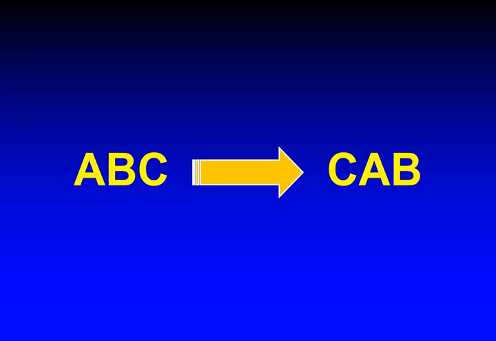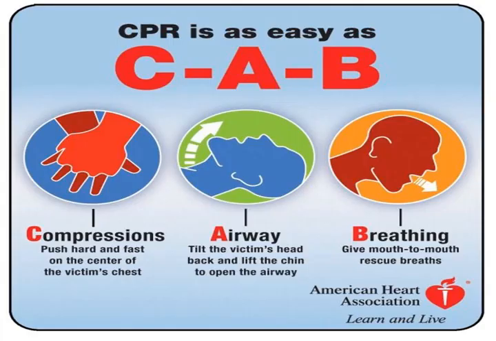Now the circulation is first. Compressions are the first step. C for compressions, A for airway, B for breathing. This is the sequence of CAB.